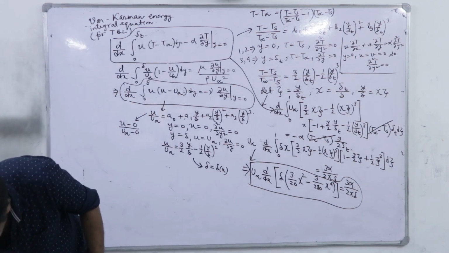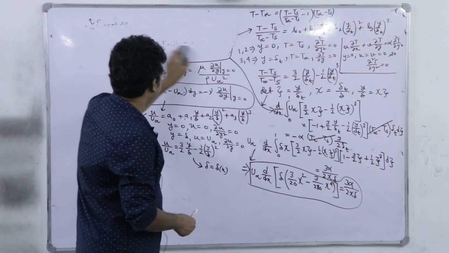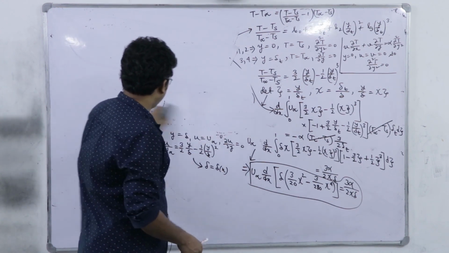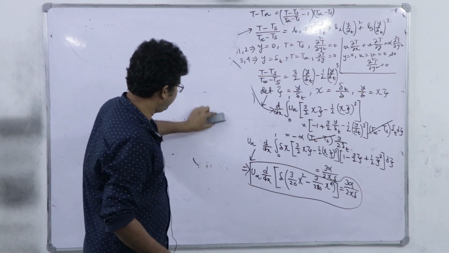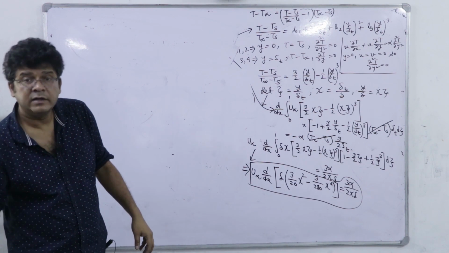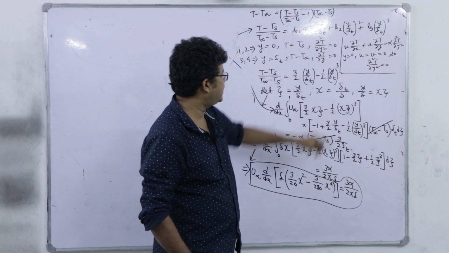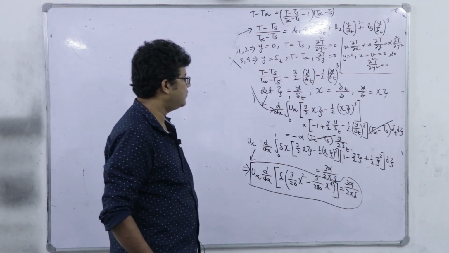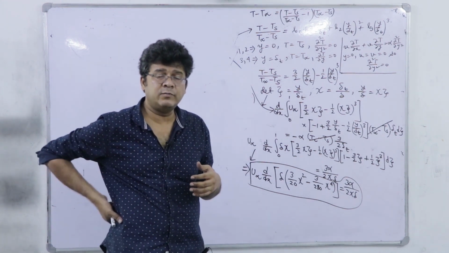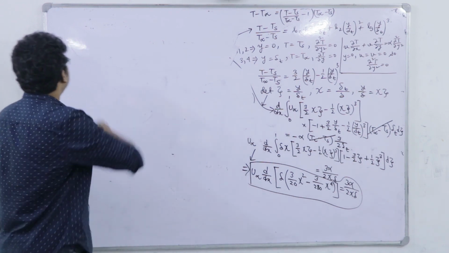Next, the point is, you see, if I keep this as it is, it's difficult to proceed further, right. So, we have to do something in order to simplify this. So, what von Karman did, he mentioned that here this chi is delta T by delta. Definitely it is smaller than 1 because we have assumed that a thermal boundary layer is well within the hydrodynamic boundary layer. So, delta T is less than delta.